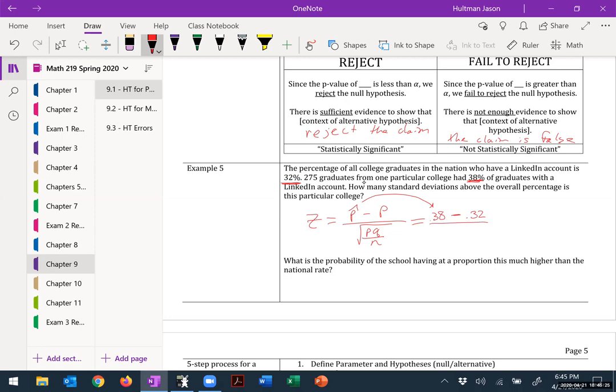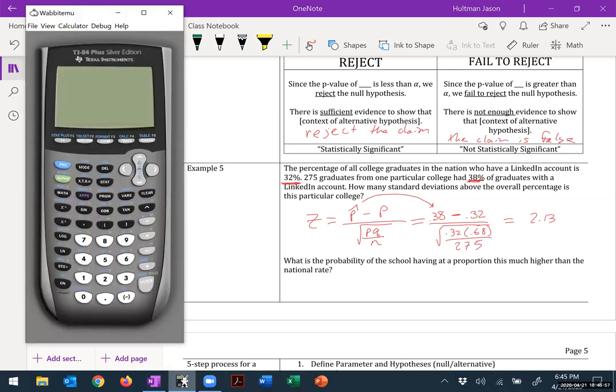Let's calculate how many standard errors away from the mean this is. This is going to be 0.32 times 0.68, p times q, all over 275, which is n. On a calculator, this comes out to be 2.13. Let's do that real quick to make sure we know how to input this into the calculator properly.